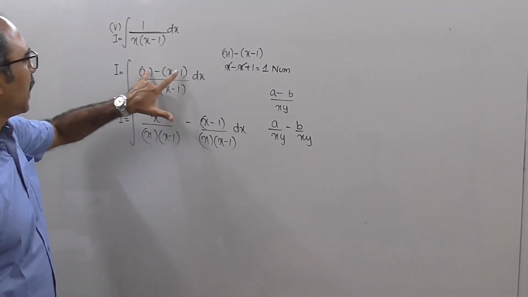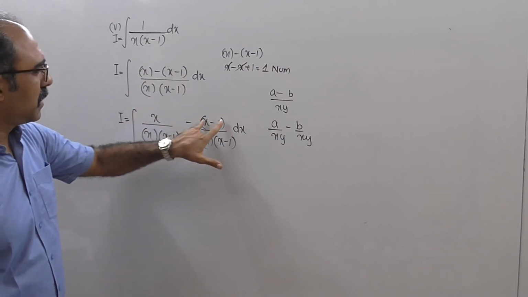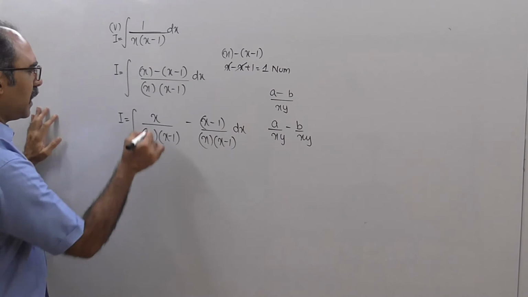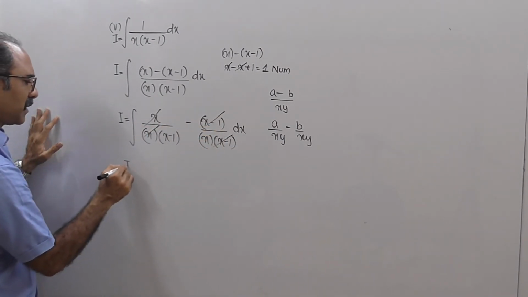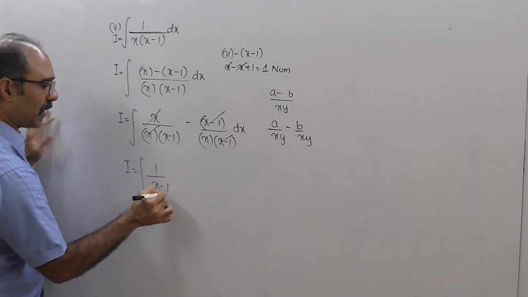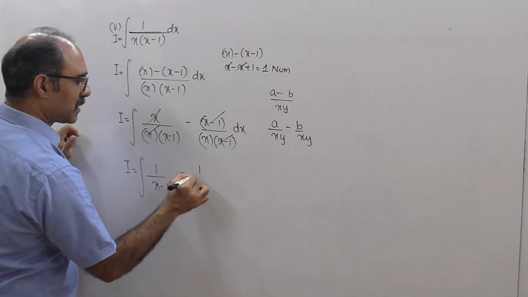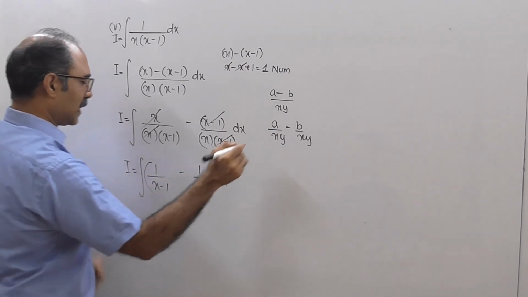That's what I have done. A minus b upon xy, that is numerator upon xy. I think we can cancel this x and x, we can cancel x minus 1 and x minus 1. You will have I equal to integration of 1 upon x minus 1, minus 1 upon x, and dx.